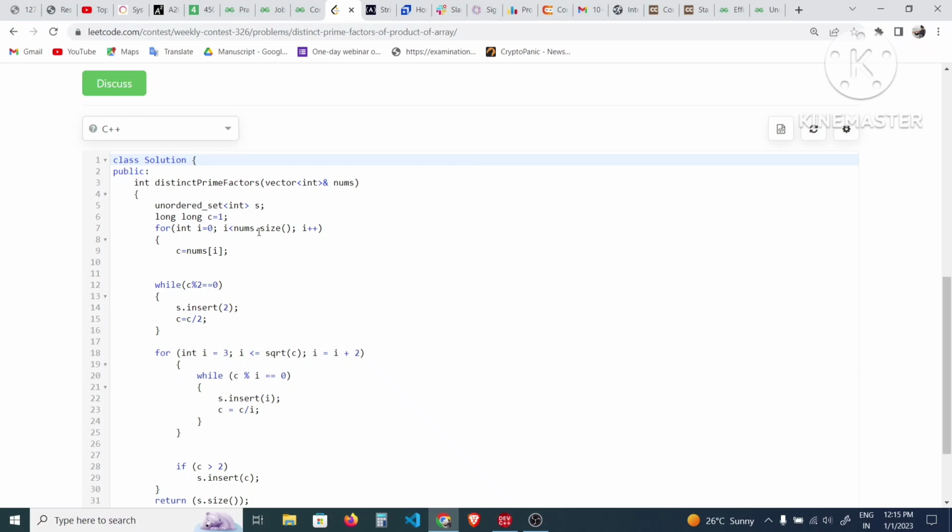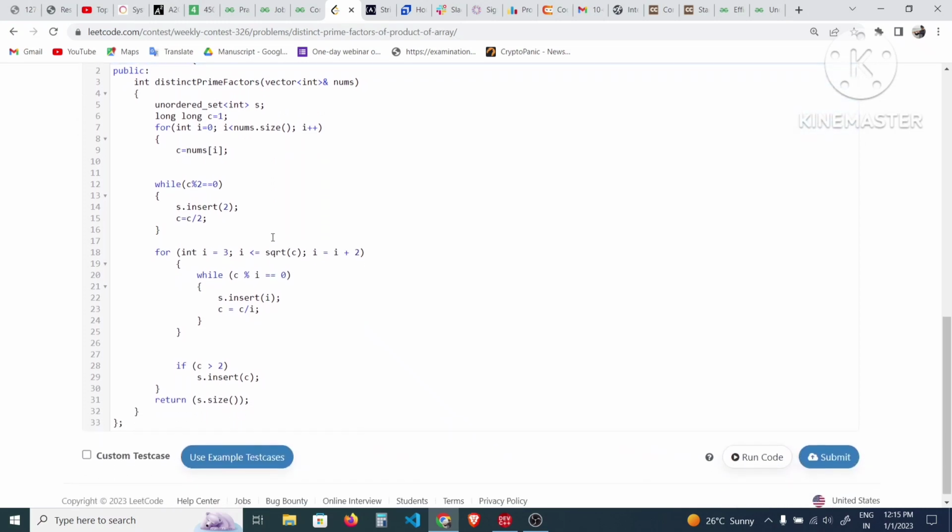Basically the logic here is that you store all the prime factors of each number in the unordered set, and the unordered set will store unique numbers only. At the end you just return the size of this. For this, I start from i equal to 0.